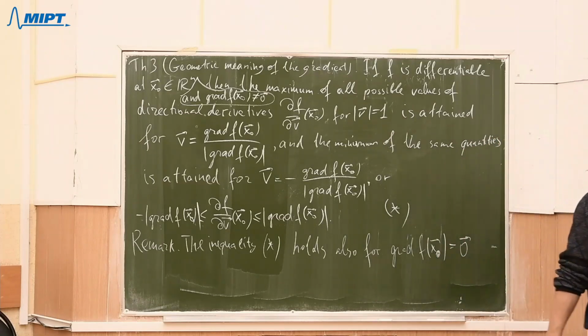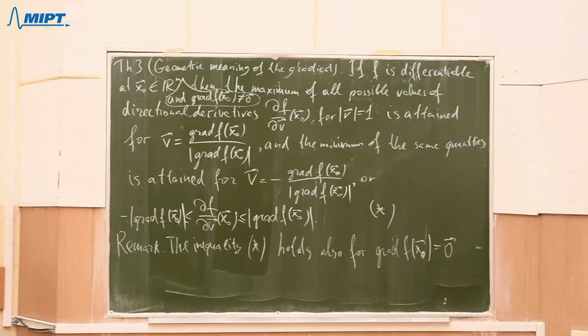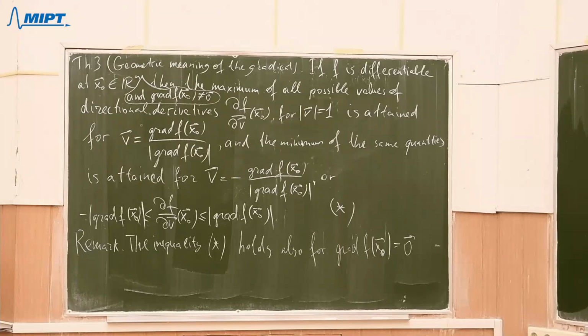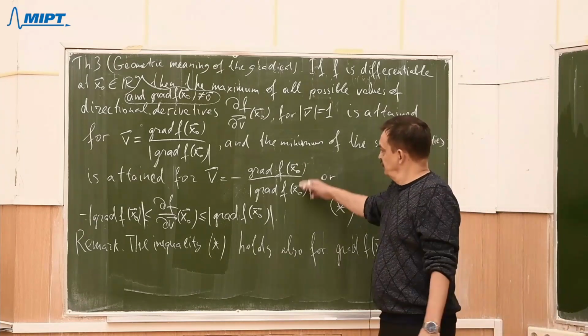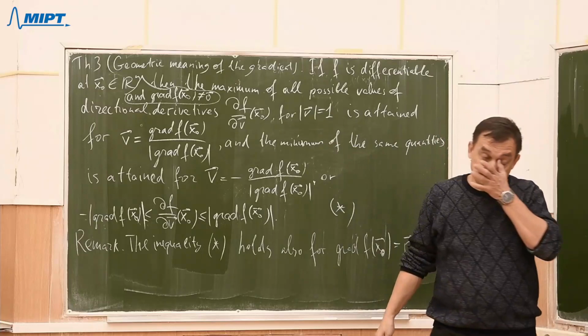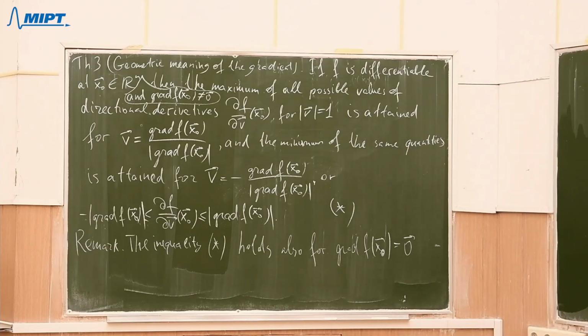So the inequality can be considered without this restriction, but it makes no sense to write down such a ratio if this is 0, right? That is not good. Okay.